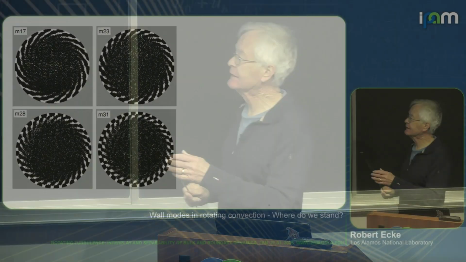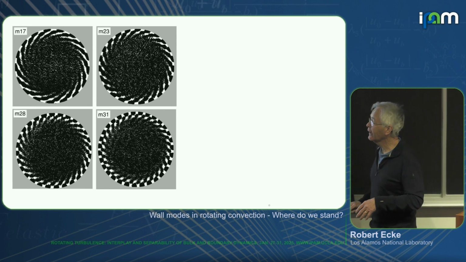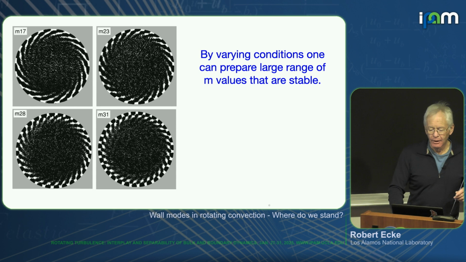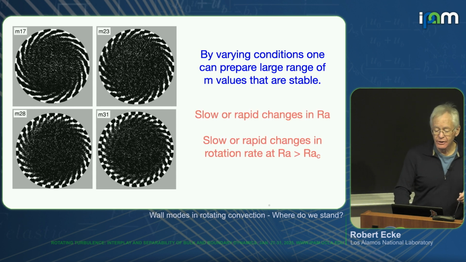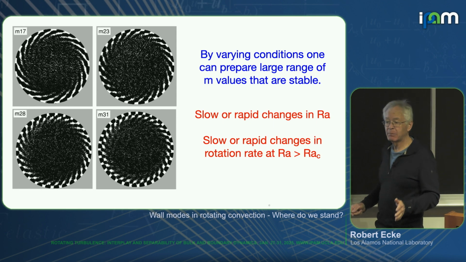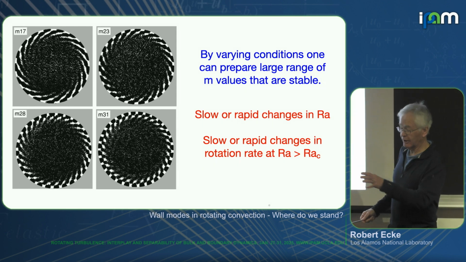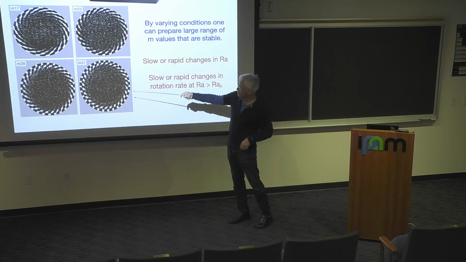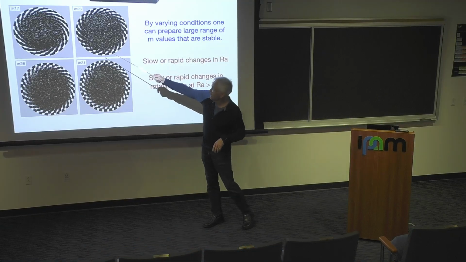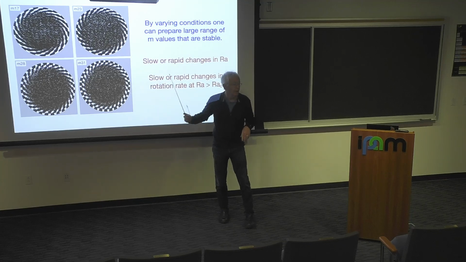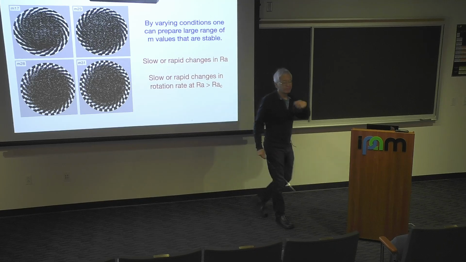So one of the things that's important to point out is that, depending on how you do this, you can get a large number of possible integer states at large aspect ratio. You can get a very large range of possible states, from a mode number of 17 up to a mode number of 31, depending on how you manipulate the system.